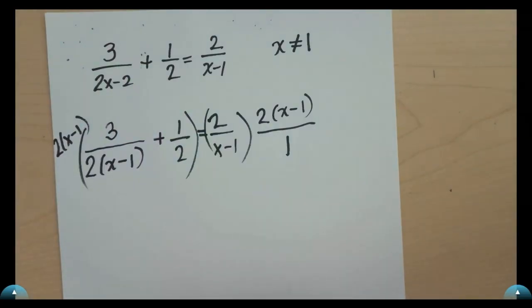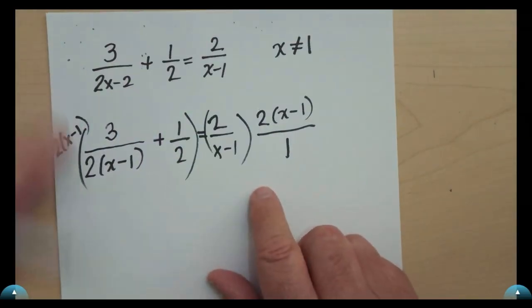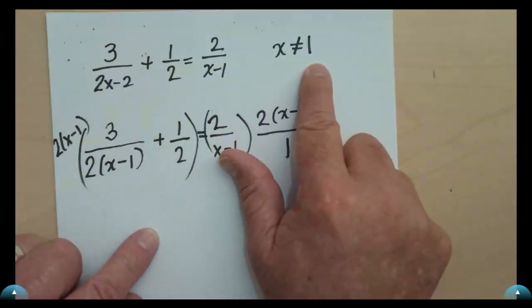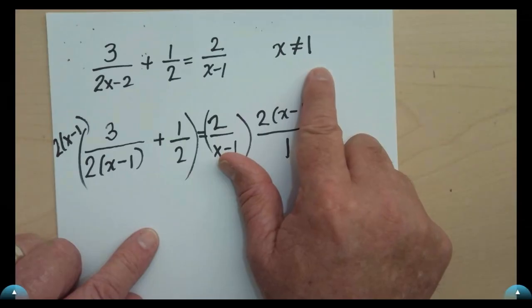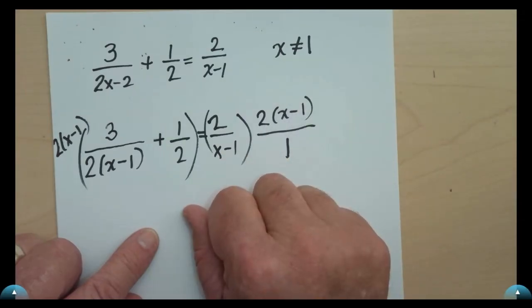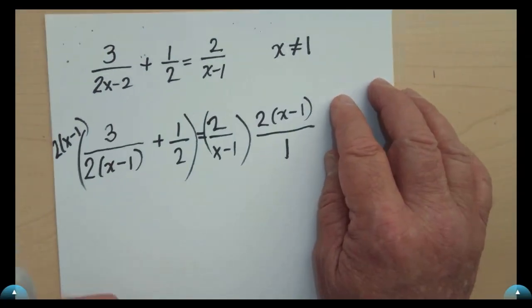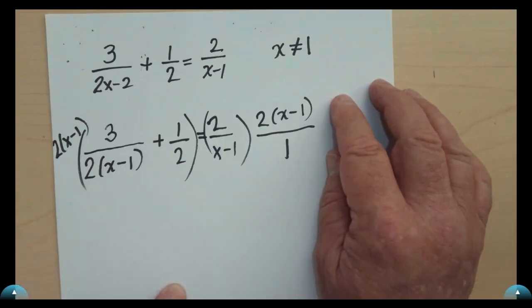Either way, if this were a problem in the homework, in part A, they say list any restrictions on the variable. There's one restriction on the variable. It's 1. x cannot be equal to 1. Everybody with me? Now when we solve this and get to our solution, if we get 1, we know to say there's no solution.